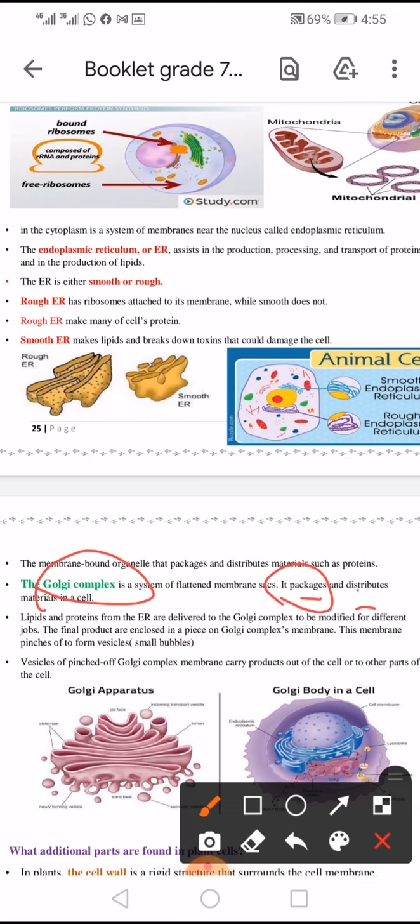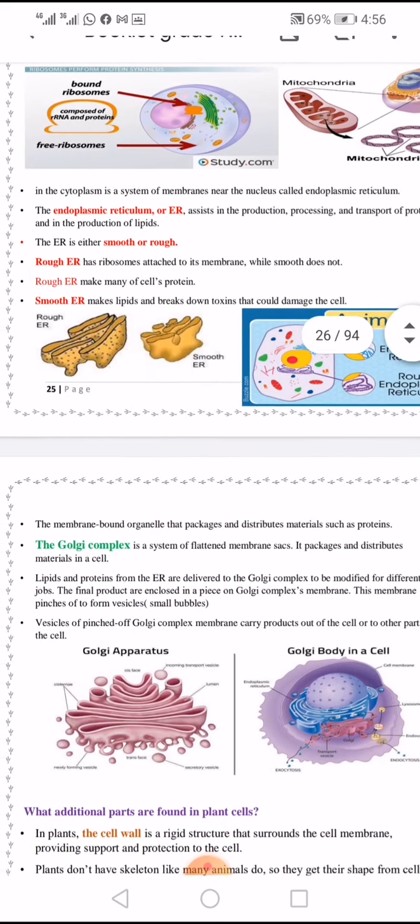Lipids and proteins from the endoplasmic reticulum are delivered to the Golgi complex to be modified for a different job. The final products are enclosed in a piece of Golgi complex membrane. This membrane pinches off to form vesicles, small bubbles. Vesicles, or pinches of Golgi complex membrane, carry products out of the cell or to other parts of the cell.